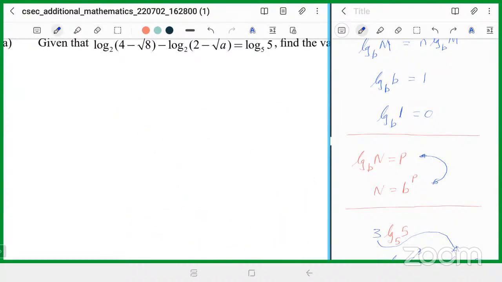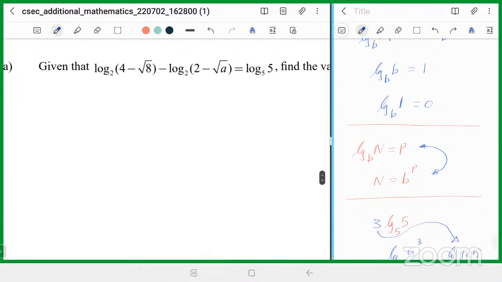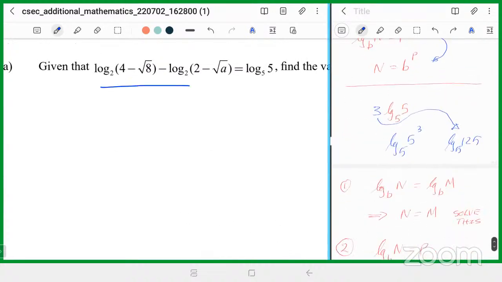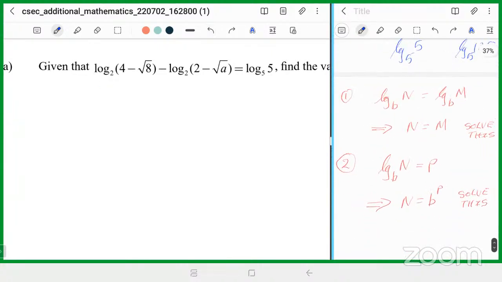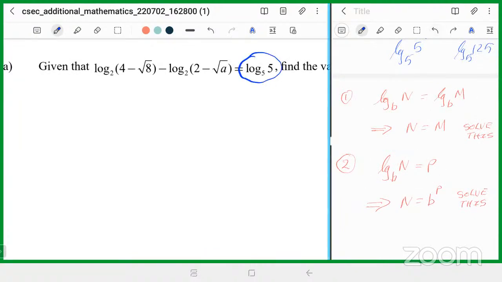So I'm solving this equation. As I said, when you're solving a logs equation, which is what this is, you want to simplify it down to one of these two things, either this or this. Firstly, I recognize that that is 1. This is a subtraction. So I'm subtracting this log minus this log, so I'm going to use the second law, the subtraction law.